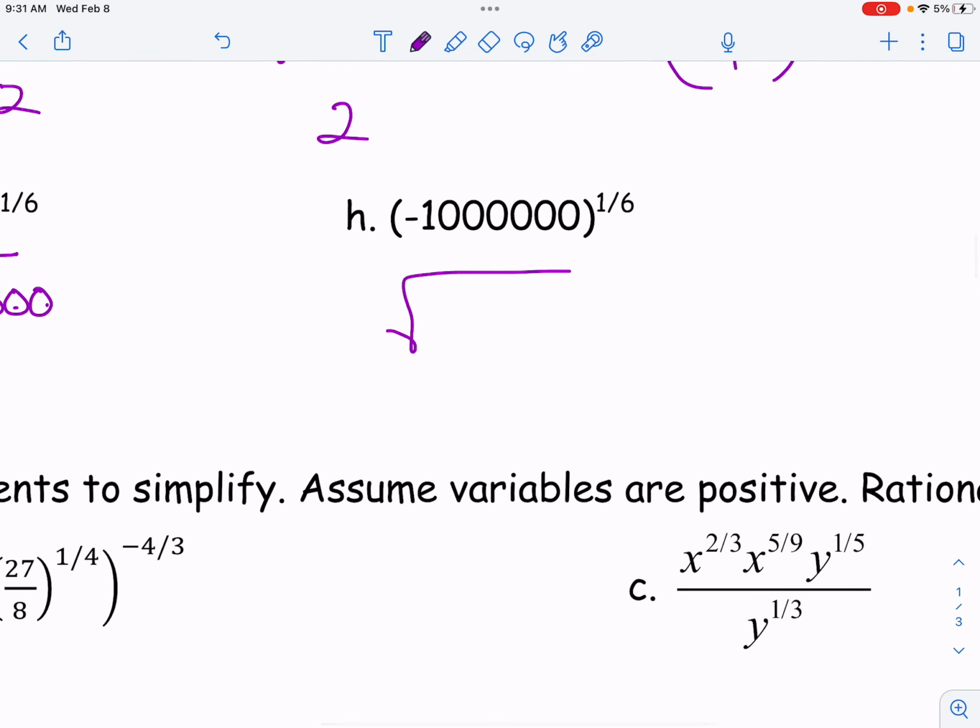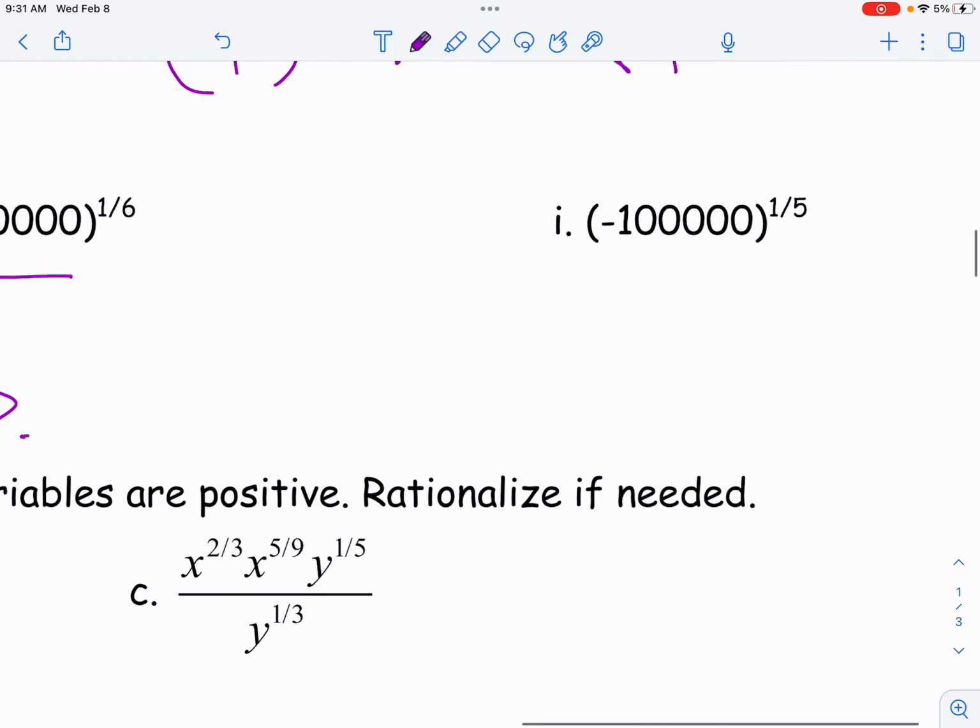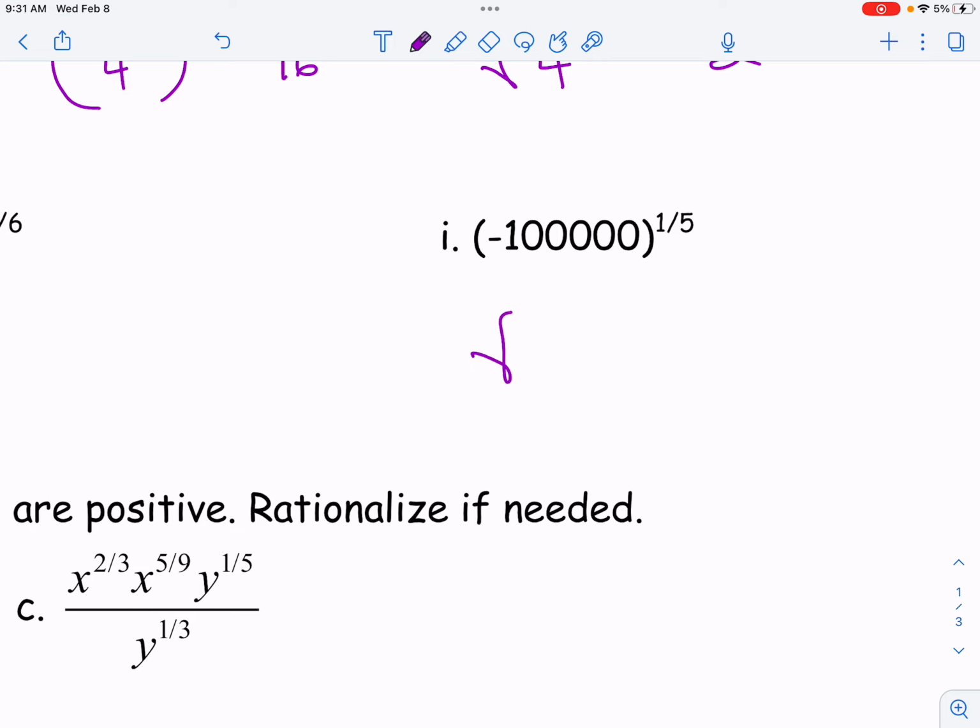This is taking the 6th root of a negative number. You cannot take an even root of a negative number. This is not possible. This is the 5th root of negative 1 and 5 zeros. You can take an odd root of a negative. This would be negative 10.